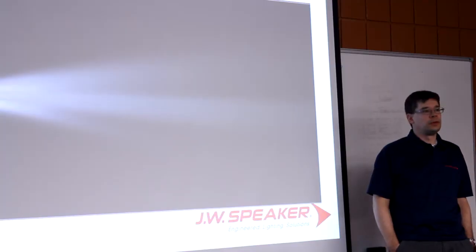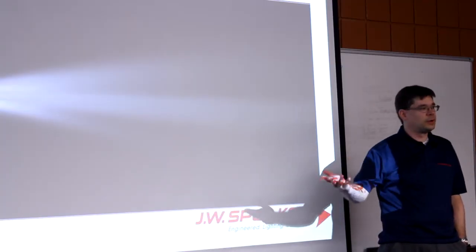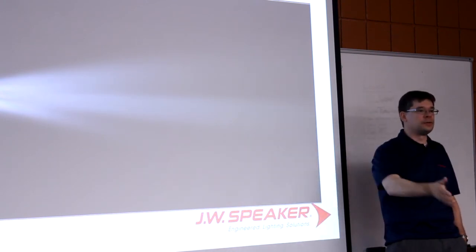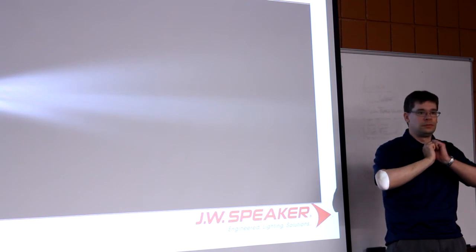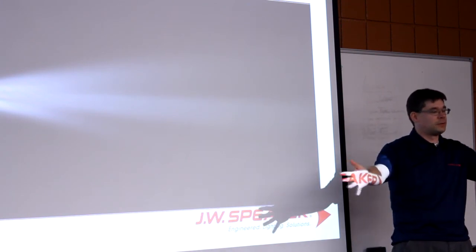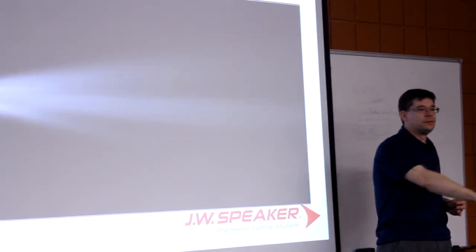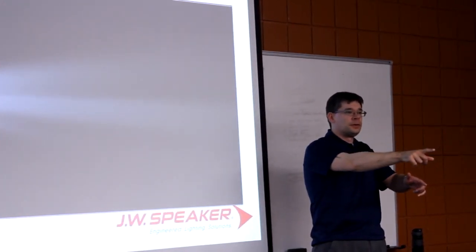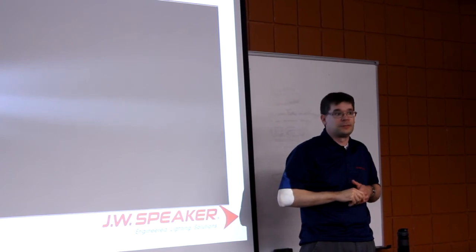Sure. One of the first things is something that Dragan mentioned earlier. When you have a bright spot in the pattern, that's where your eye is going to be drawn. If you're driving a car and there's a bright spot right in front of you, you're going to look there and not down the road, and that's going to be unsafe.